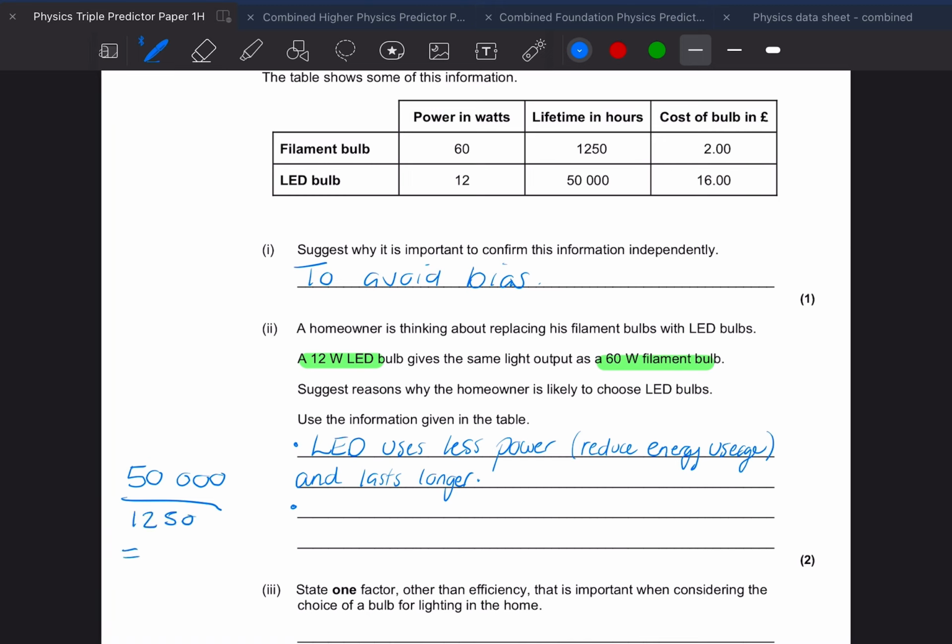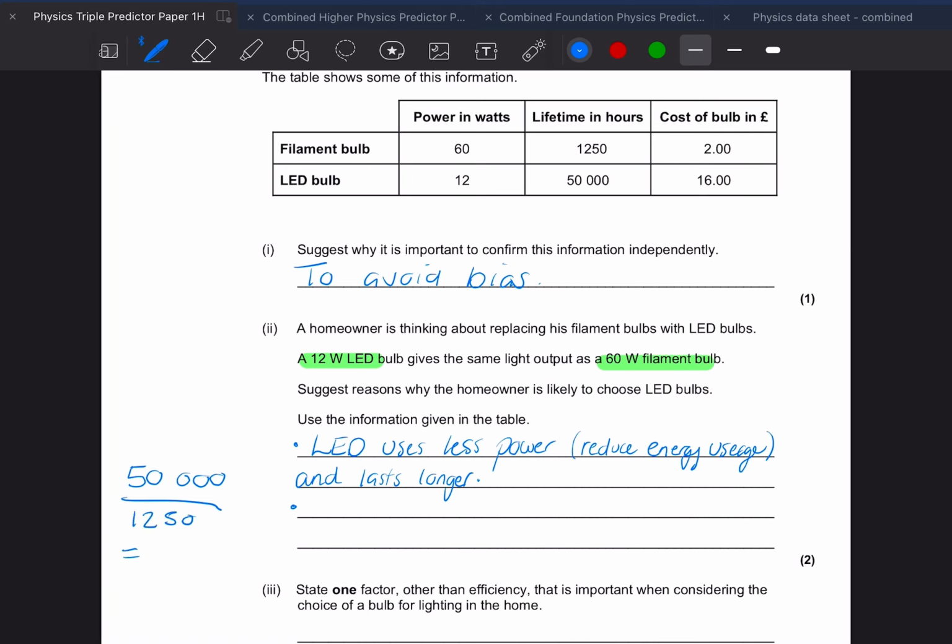Okay, so we would need to replace the filament bulb 40 times to get the same lifetime as one LED.